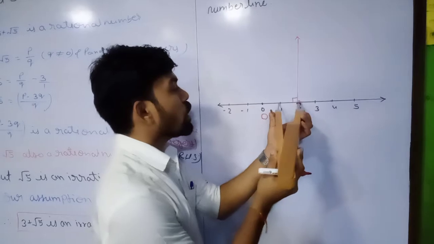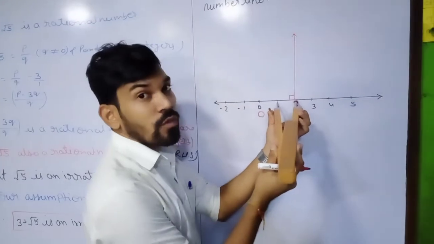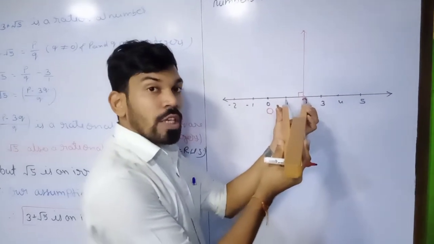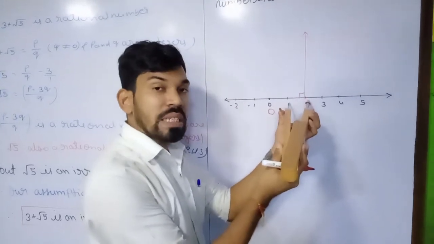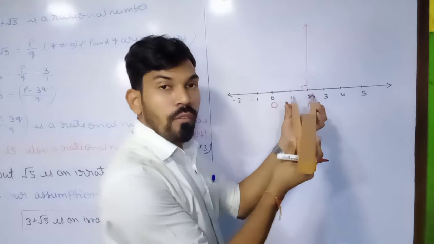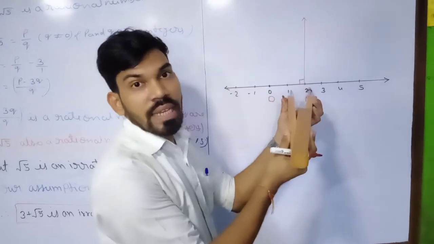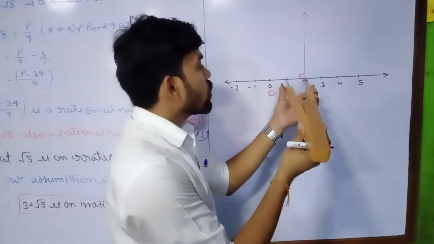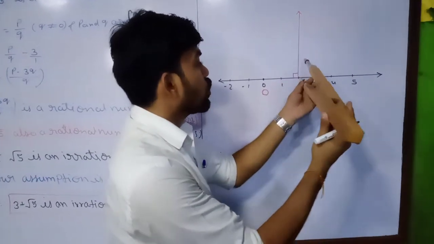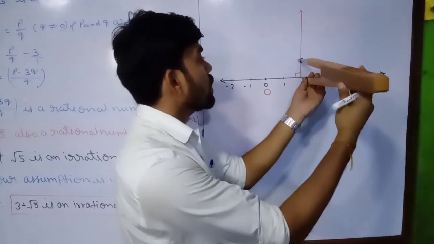Take the same as what you took. If you took 1 centimeter, that is okay. If you want to represent in a bigger size, you can take 2 centimeters, but for each and every distance you have to take 2 centimeters. Take the same distance and put it on P and make a cut.